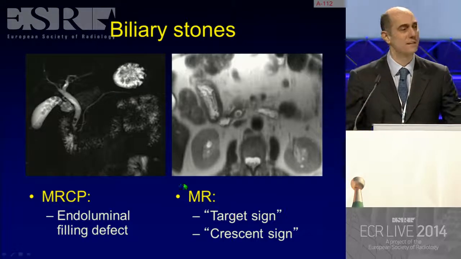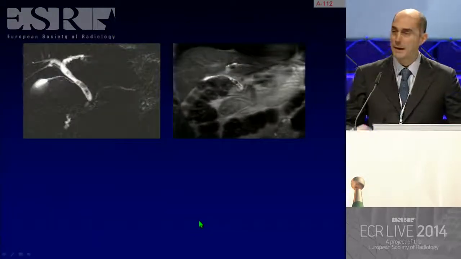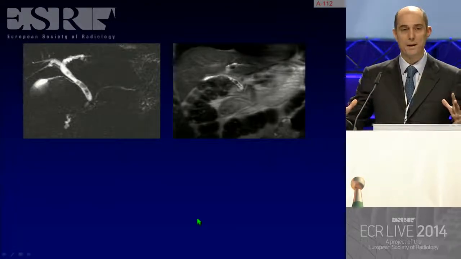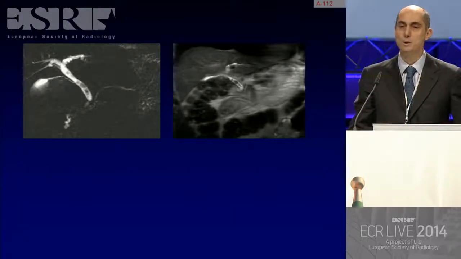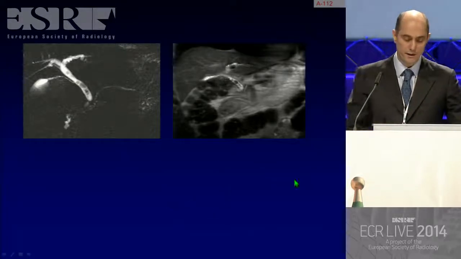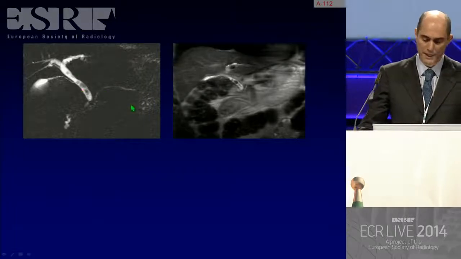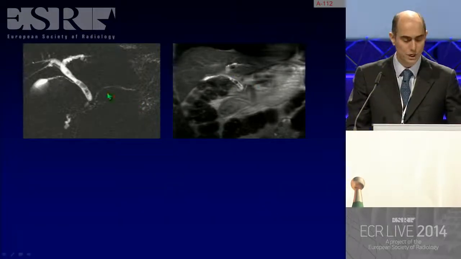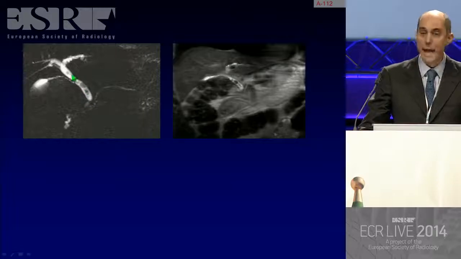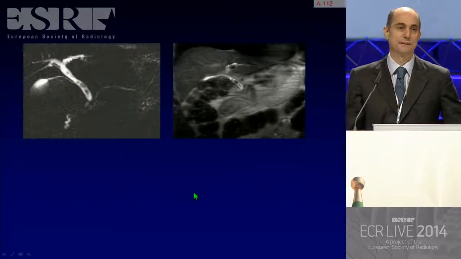But let's see another case. Let's imagine, same patient, we do the MR, but this is what we obtain. What do we see here? On the MRCP image and this coronal T2 weighted image, we do see, again, endoluminal filling defects.